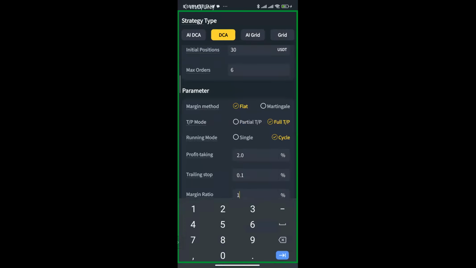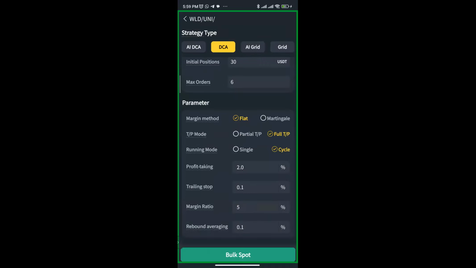Say 5. Okay. So what does that mean? For every 5% drop, I want to buy World Coin. So you can say 6 times 5. That's 30%. So you have just prepared for a 30% dip. So either way, you're going to make 2% whether it dips 30% or not.